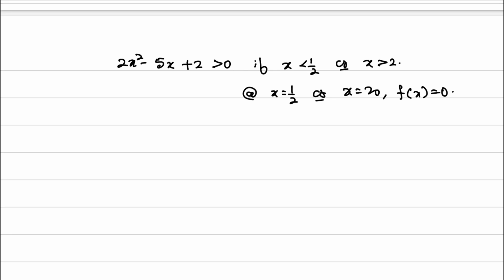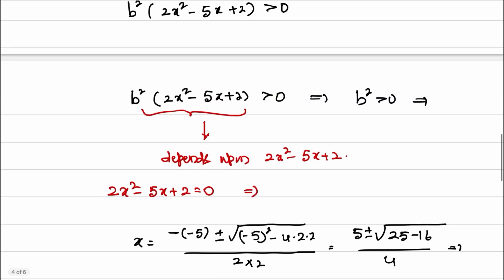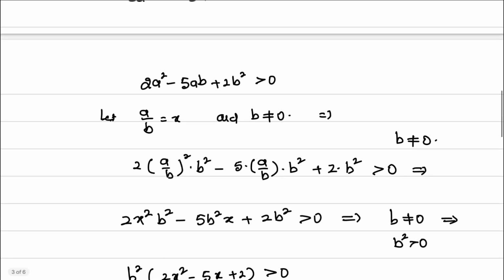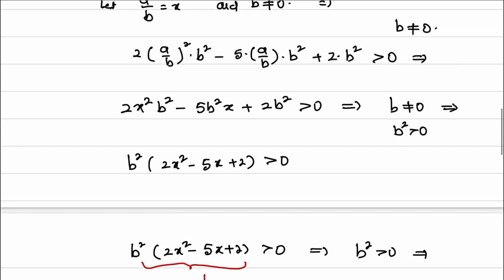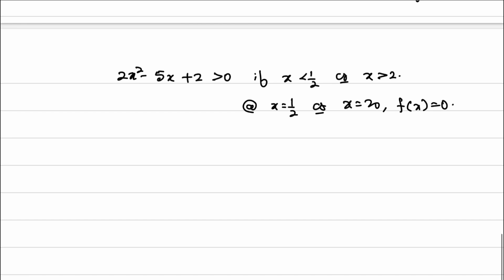Now, what is x? When x is equal to a by b, we have got this. Hence, the above condition is positive, greater than 0, if x is a by b.